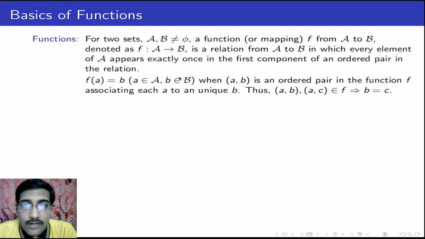Functions are defined as a relation from a set of elements A to a set of elements B. The only restriction in this relation is that an element of A can occur exactly once in the first component of the ordered pairs in the relation, which means that an element of A cannot be associated or related with two different elements of B. Formally, we write such a mapping or function as f(a) = b, where we say that the element a is related to element b in the ordered pair.